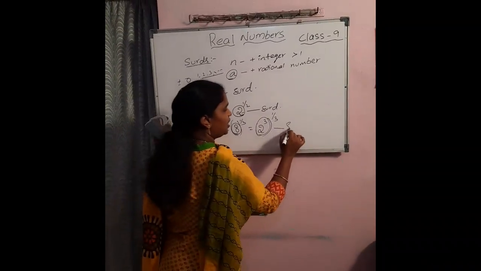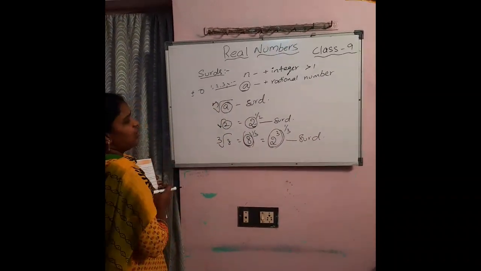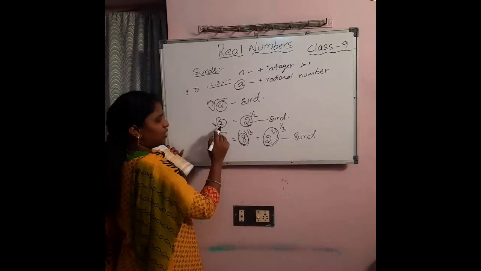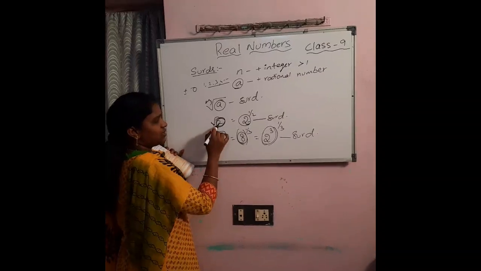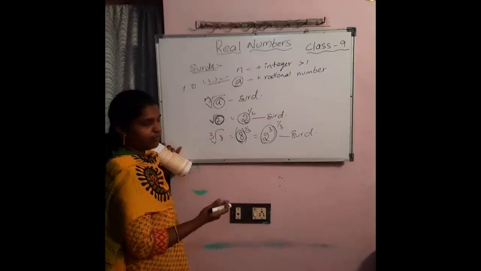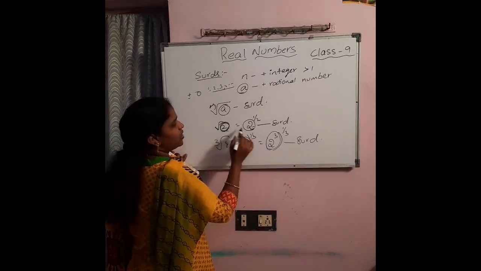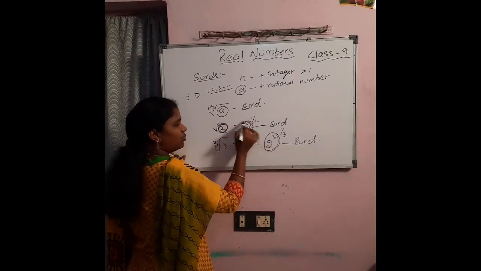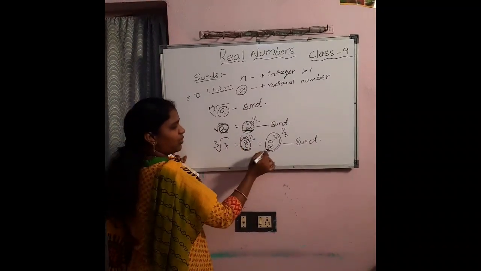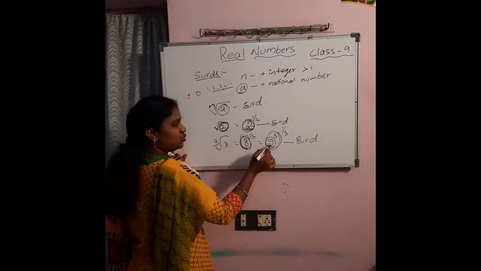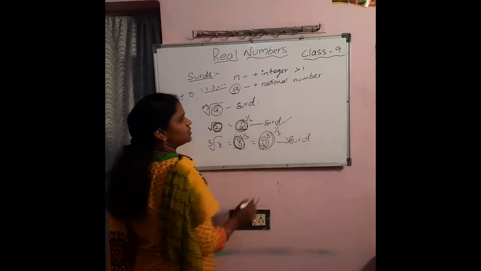So it is not a surd. Whatever rational number we have taken in the root should not be written in the form of powers of any other rational numbers. Here 2 cannot be written as a power of other numbers, whereas 8 can be written as 2 to the power of cube. So this one is not a surd and that one is a surd.